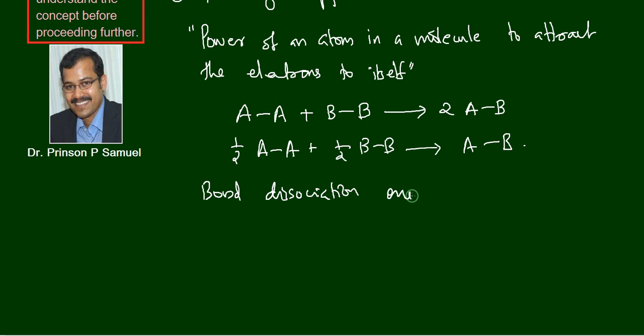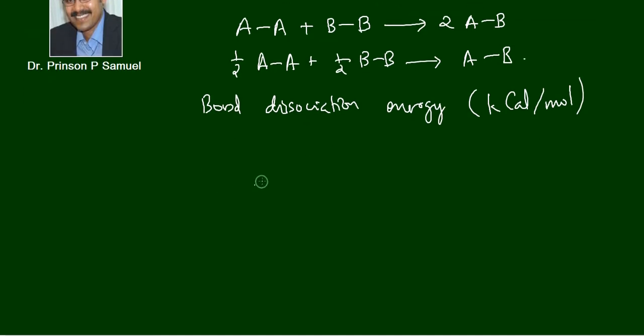Bond dissociation energies of AA, BB, and AB are considered. Here you have to remember that this bond dissociation energy is in kilocalorie per mole. That is very important, keep it in mind, kilocalorie per mole.